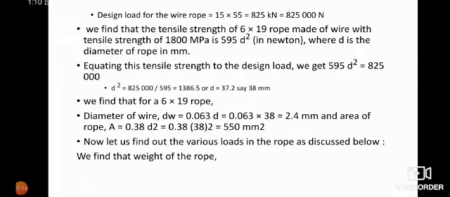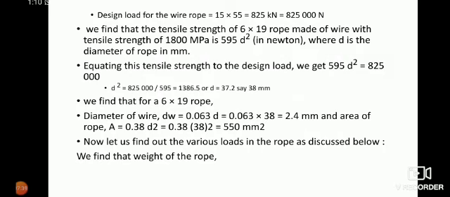For the 6 into 19 rope, the diameter of the wire dw equal to 0.063 D, small d equal to 0.63 D, 0.63 into 38 equal to 2.4 mm. Area of the rope A equal to 0.38 D square, 0.38 into 38 square equal to 550 mm square.